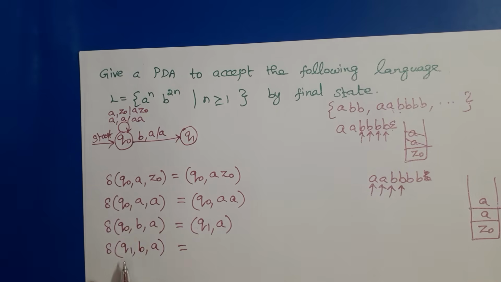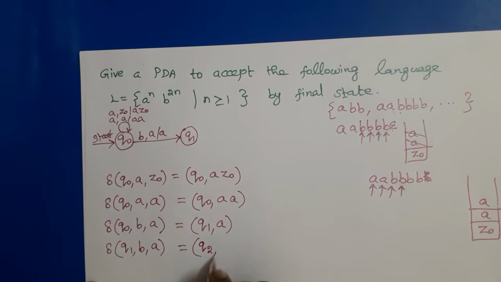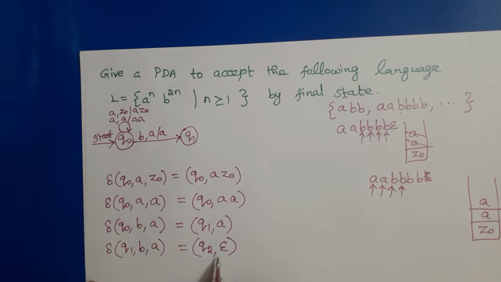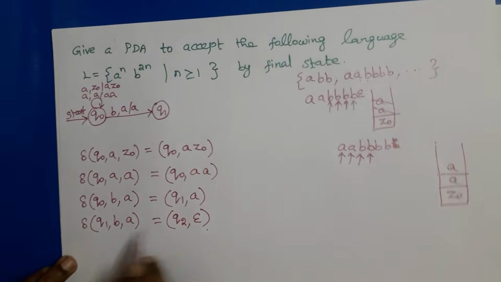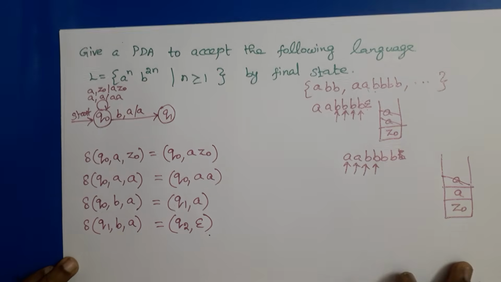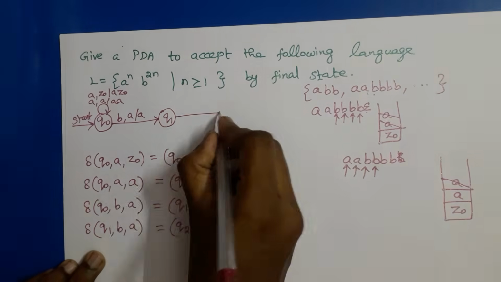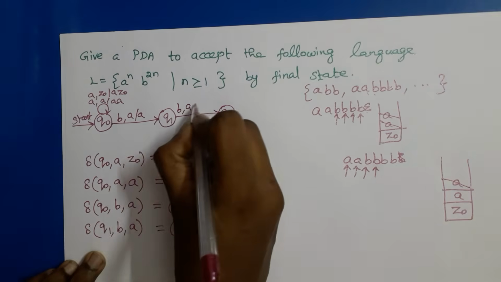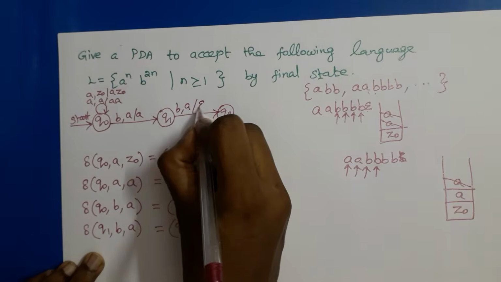Now we need to change our state to Q2 and the pop operation must be performed, right? That should be written as epsilon. The meaning is epsilon replaces a on top of the stack, so the pop of the stack is performed. So Q1 to Q2: b comma a slash epsilon.